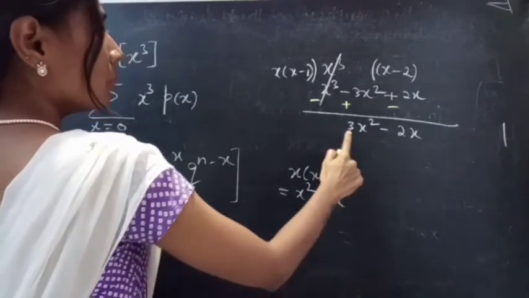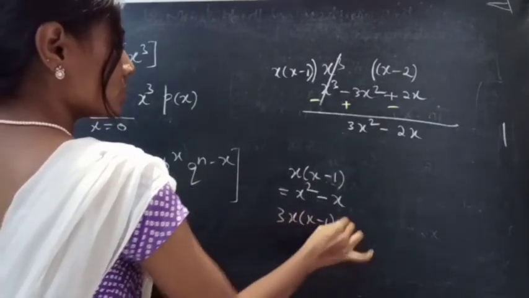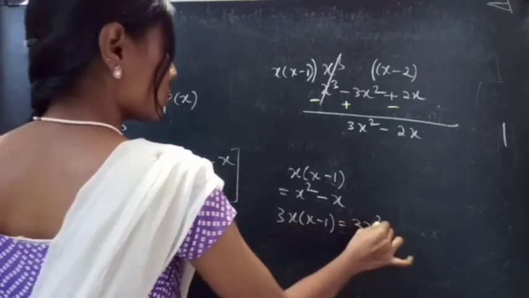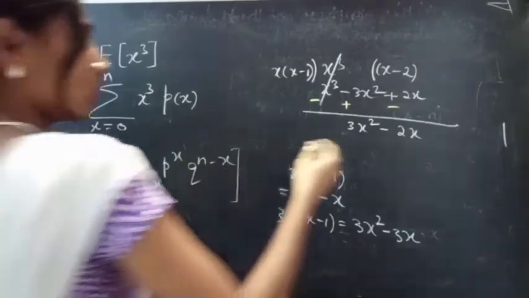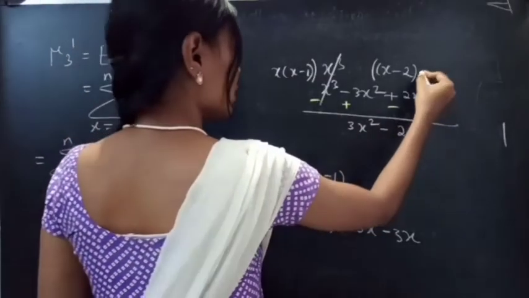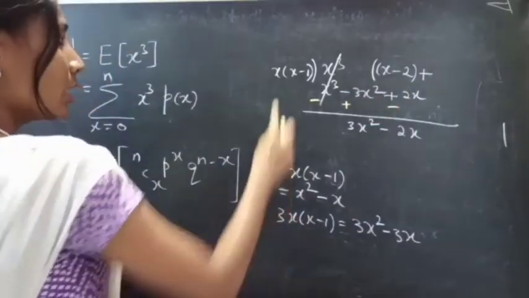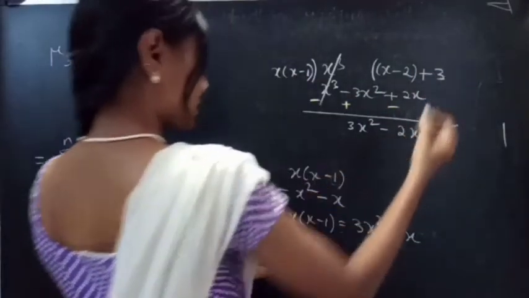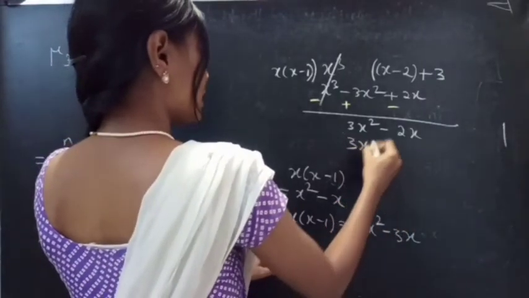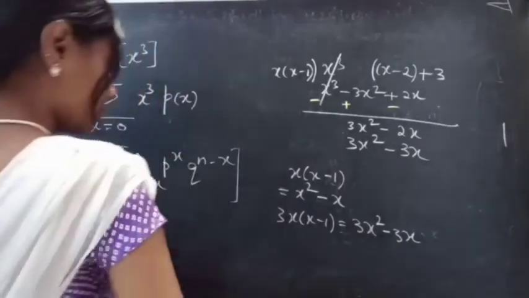Alright, but we need 3, right? So we'll take 3x into x minus 1, which equals 3x square minus 3x. Here you're having plus, so put plus 3x into x minus 1, that is 3x square minus 3x.